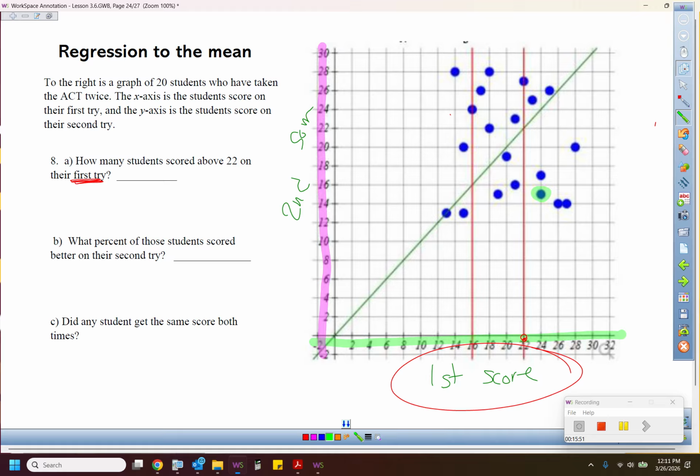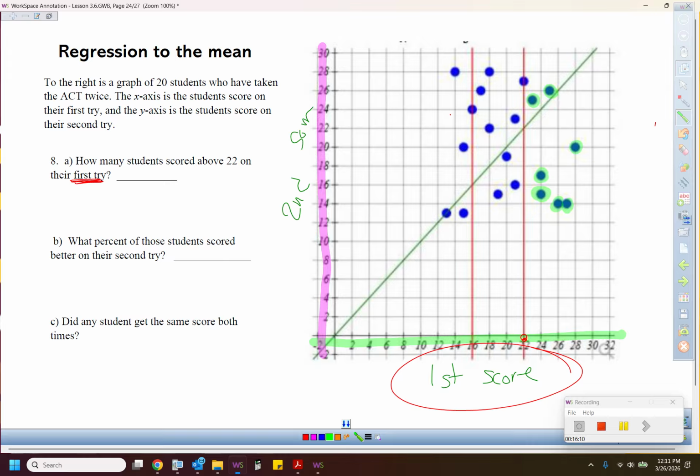Just an x value, right? You see how I have this line right here in red? If it's bigger than 22 on the x, it doesn't have to be on the right side of it in that situation. So let's count them up. 1, 2, 3, 4, 5, 6, 7 of those are totally to the right of that line. So how many people scored above 22 on the first try?